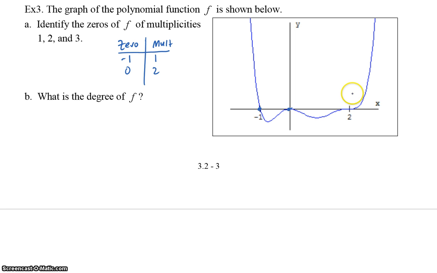And then our third x-intercept at x equals 2. So 2 is a zero of f. What's its multiplicity? Well, notice the graph crosses through the x-axis at x equals 2.